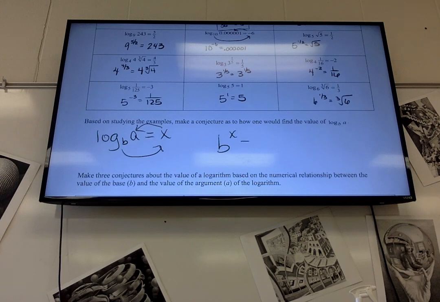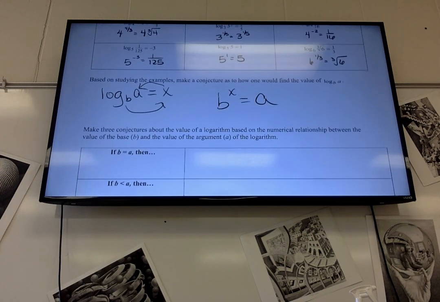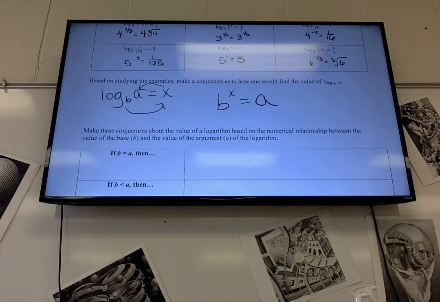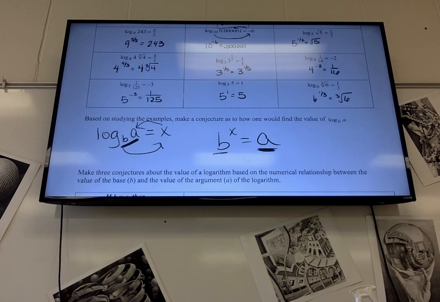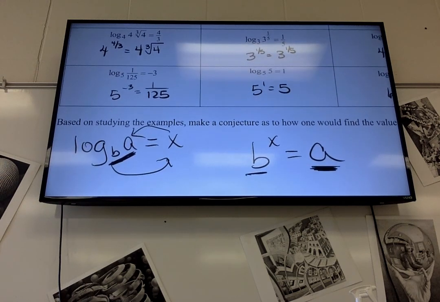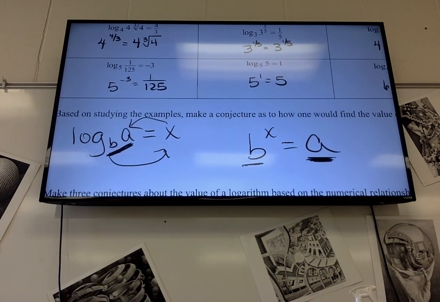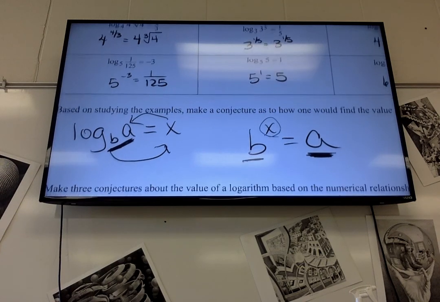Let's say B to the X equals A. So now looking at these up here, if B equals A, so if these two numbers are the same, look at these examples and find some that are like that. And what do you know about X?